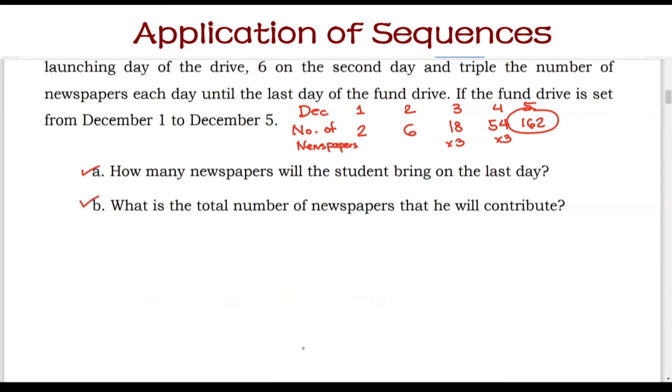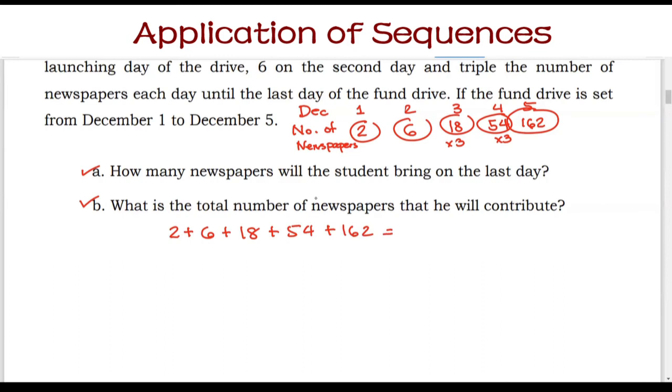Here, we're going to get the total number of newspapers. So, anong gagawin natin? We simply add. I-add lang natin yung 2, 6, 18, 54, at saka 162. So, you have to get the sum of 2, 6, 18, 54, at saka 162. And what do we get here?